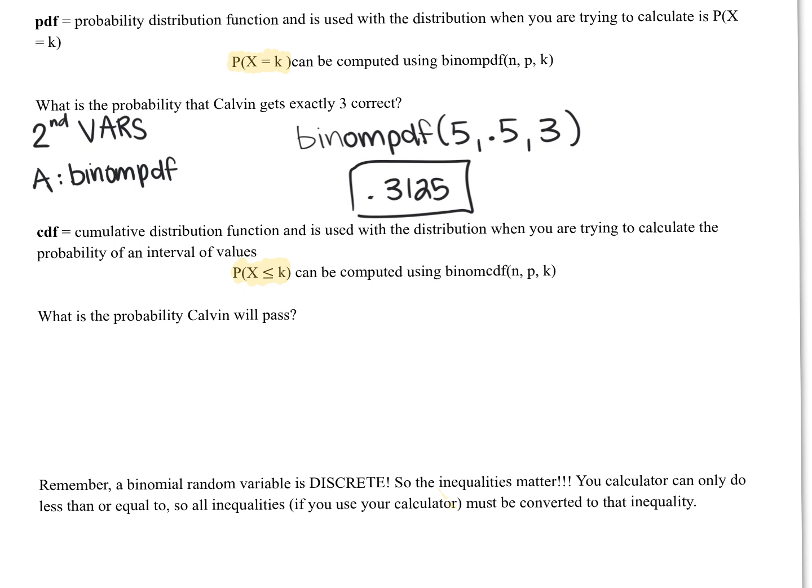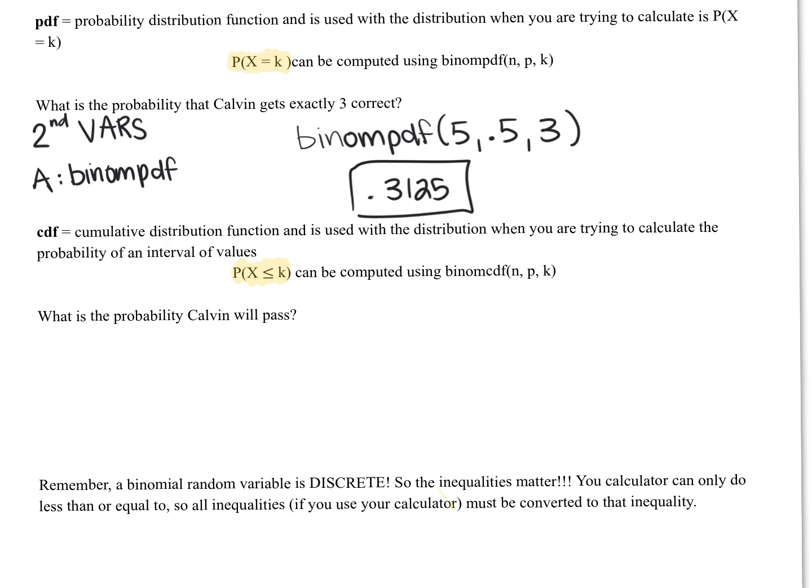So it's not always just plug it into the calculator and hit enter like with binomial PDF. You have to pay attention to whether or not the problem itself is a less than or equal to, greater than or equal to, because that changes how you plug it into the calculator or how you calculate the final answer.